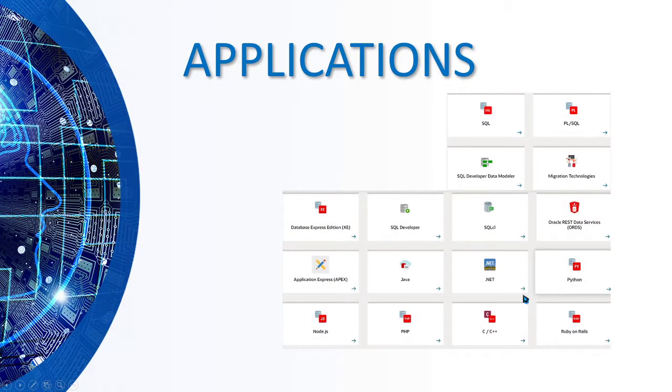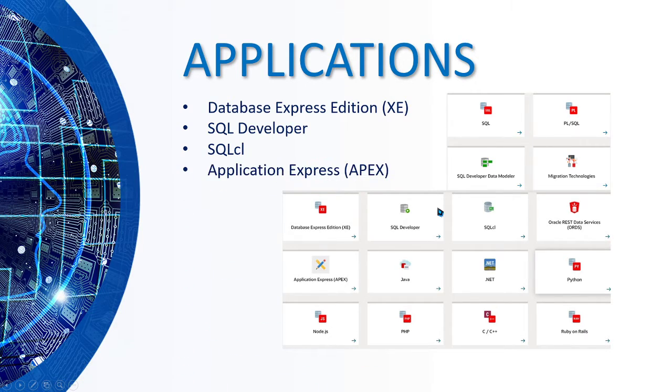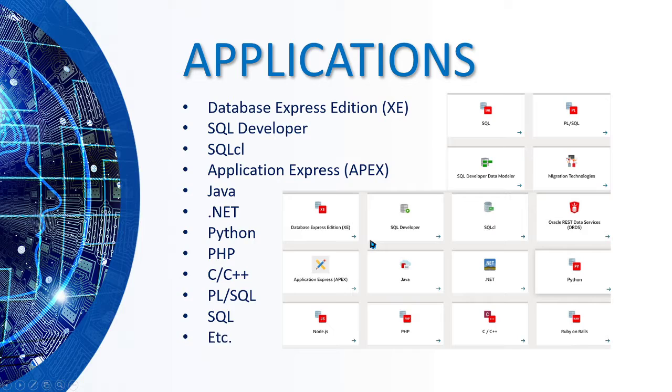There are a lot of applications developed along with this database system, like Database Express Edition, SQL Developer, SQL*Plus, Application Express, Java, .NET, Python, PHP, C++, PL/SQL, and so on. This is the icon from the application.